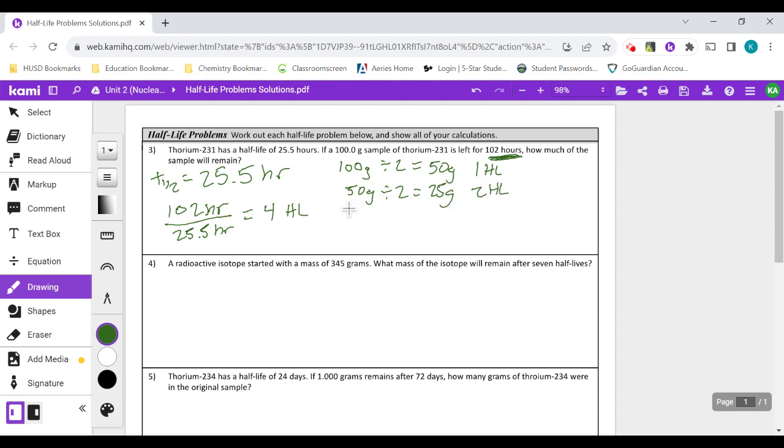That 25 gram sample will be divided by half. That will be 12.5 grams. That's 3 half-lives. And that sample, 12.5 grams divided by 2, will be 6.25 grams. That's 4 half-lives. So after 4 half-lives, 6.25 grams remain.